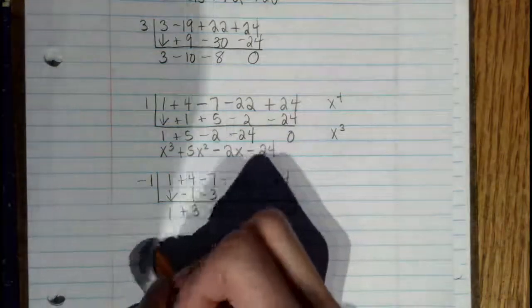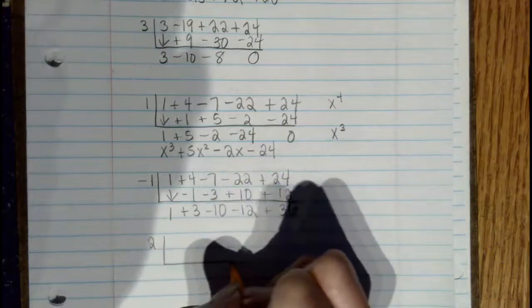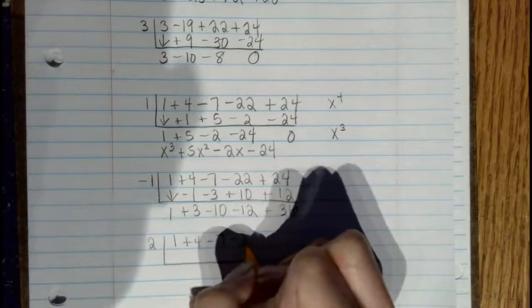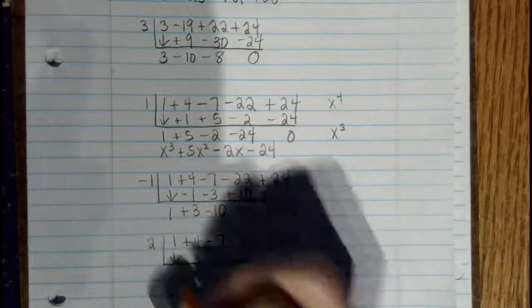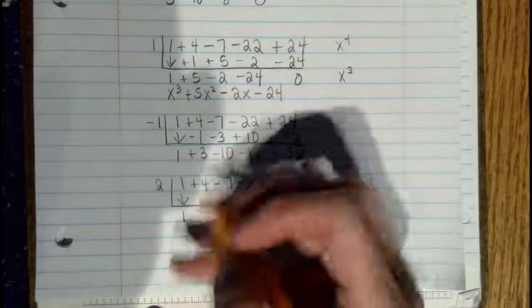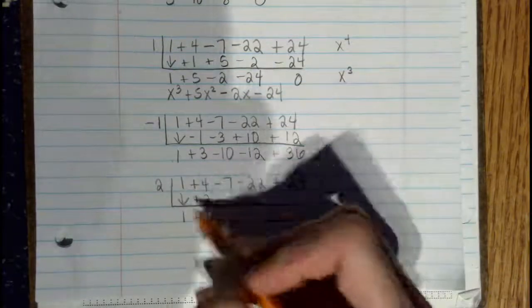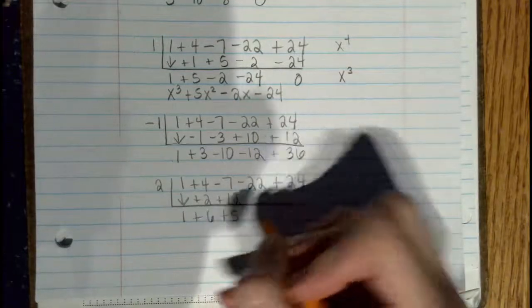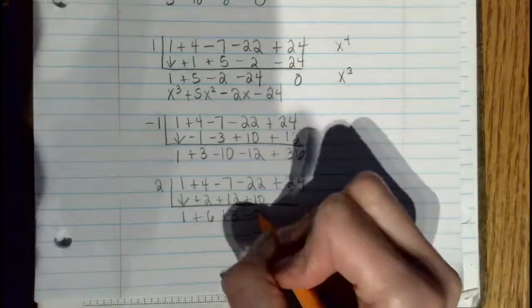Then the next choice is x minus 2, so I'm going to put a 2 out here. And 1 plus 4 minus 7 minus 22 plus 24. I'm going to bring down this 1. 2 times 1 is 2. 4 plus 2 is 6. 2 times 6 is 12. -7 plus 12 is 5. 2 times 5 is 10. -22 plus 10 is -12.